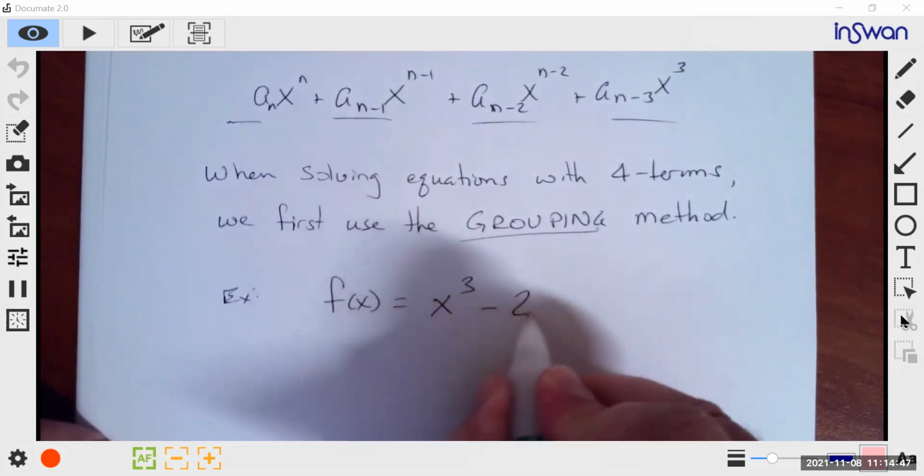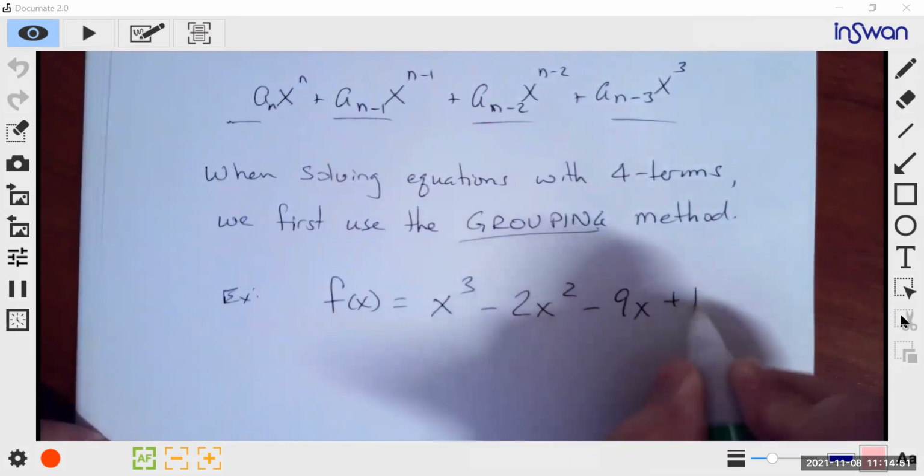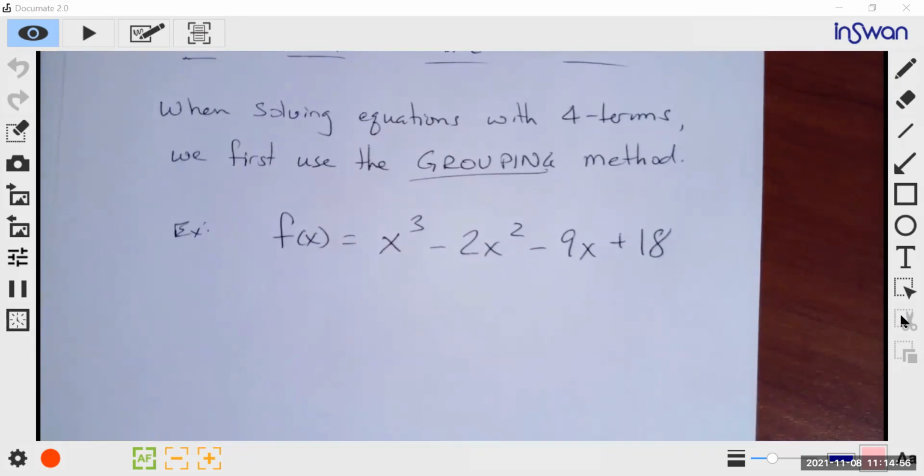x cubed minus 2x squared minus 9x plus 18. So we have 4 terms. The grouping method is this.